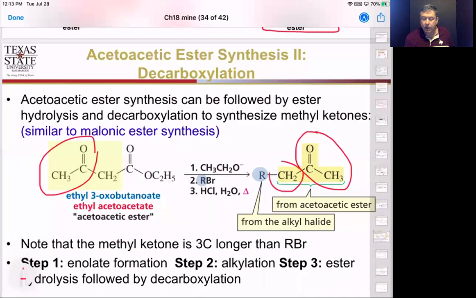And of course, the carbon that it's bound to, that was the alpha carbon in the acetic ester. And whatever you attacked that nucleophile with is this long chain here.